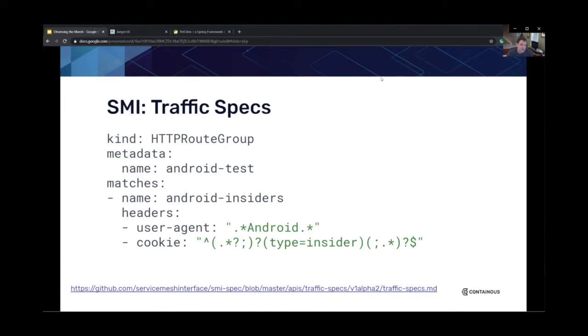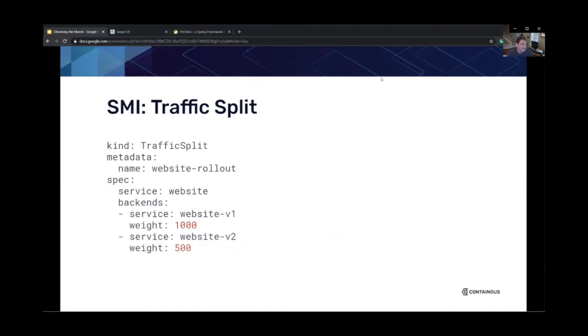So let's take a look at this configuration. We're essentially targeting Android users with the user agent, and with the cookie, we are looking for users who are an insider. These are probably users who have opted into testing for us, which is very kind of them.